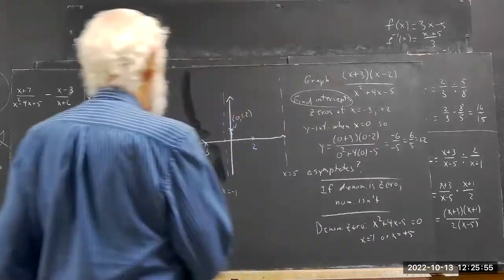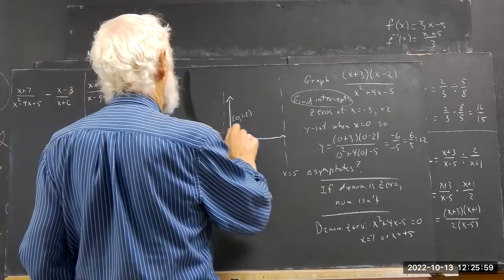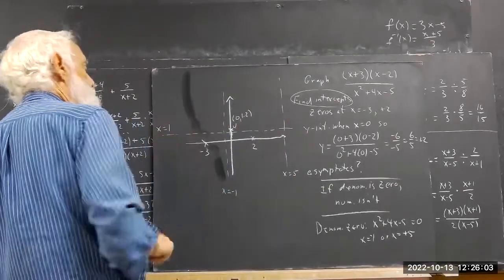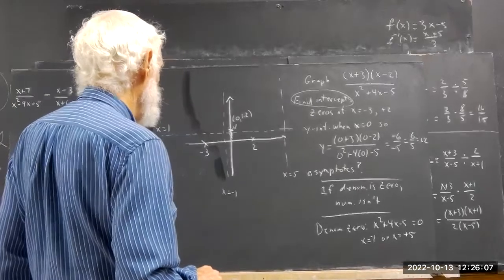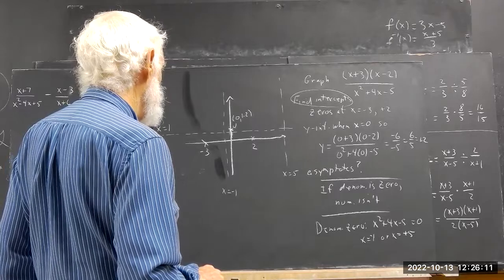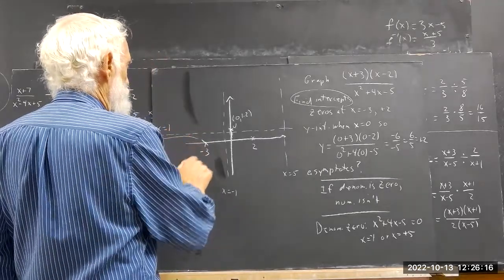So that means that you've got a horizontal asymptote at y equals 1. I said that fast. But that's the way it works. It's going to look like all of this.